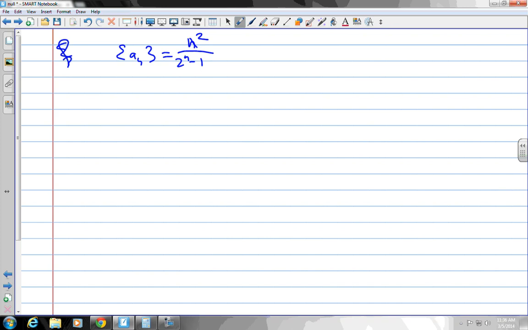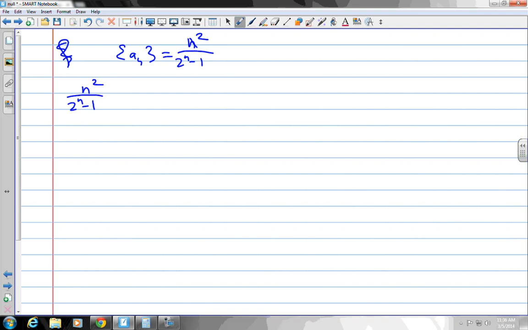Well, 0 is tough. -1, right? Well, n squared over 2 to the n minus 1. Actually, we can show that it's 0. n squared is positive, and 2 to the n minus 1 is positive for natural n's.